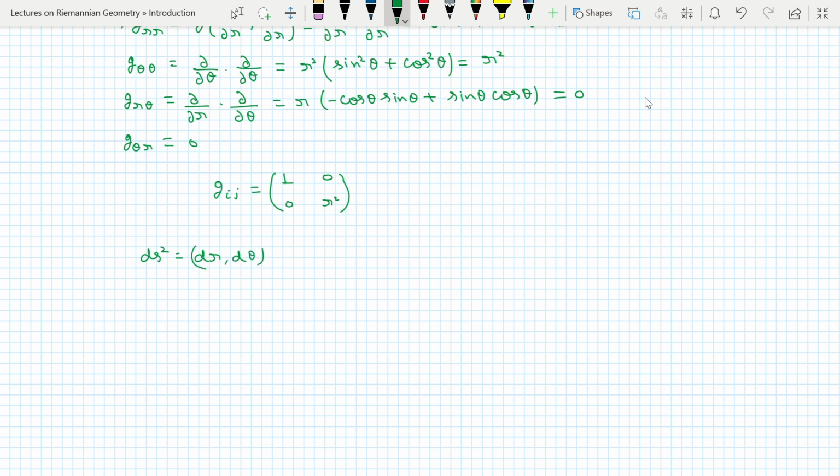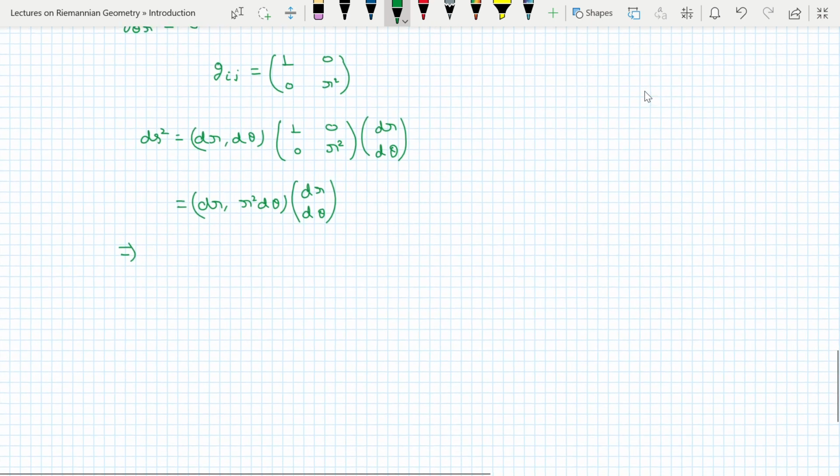The line element is (dr dθ), the component matrix [[1, 0], [0, r²]], and then (dr dθ) again. If you multiply it, you will get (dr, r² dθ) multiplied with the vector (dr, dθ).